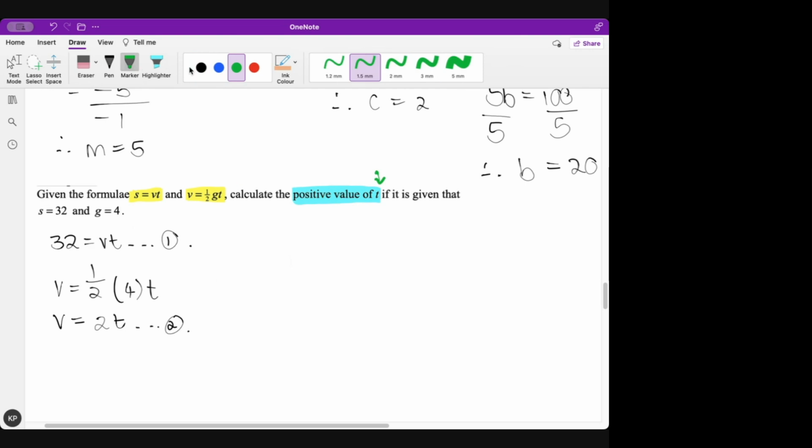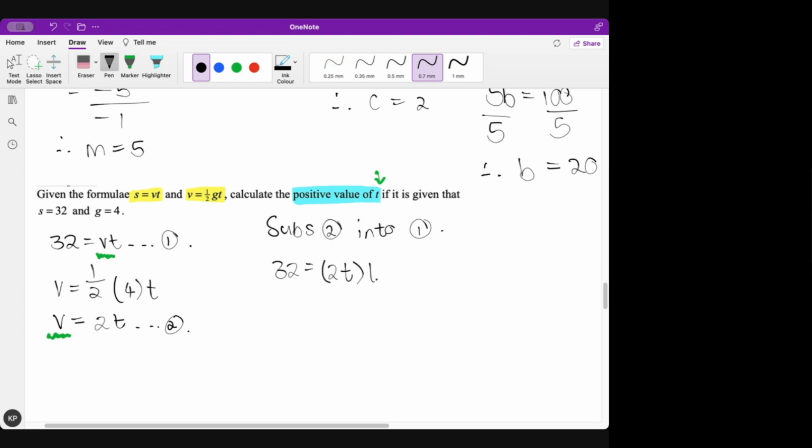So I'm going to take the V that I have over here and substitute it into equation 1. So I'm going to say substitute 2 into 1. Great. So then 32 will be equal to not Vt, but 2t times t.